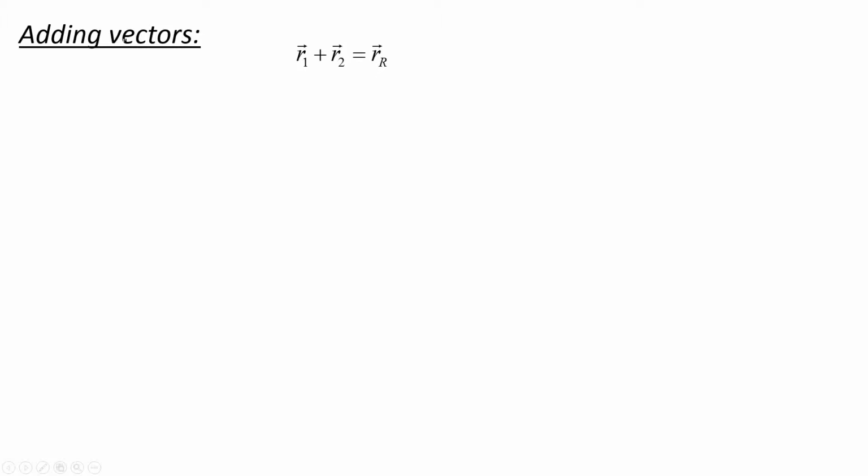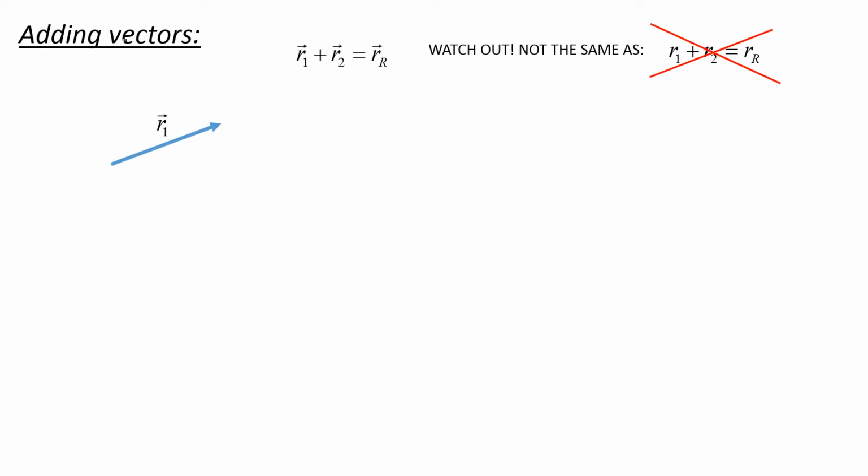We have two vectors, r1 and r2, and we're going to add them together to form a resulting vector r. Watch out, this is not the same as this. Those little arrows on top of the vectors, they're important. We cannot just drop them, because when we do this, we add those values together. And we cannot do that with a vector, because two vectors together can have a different direction.